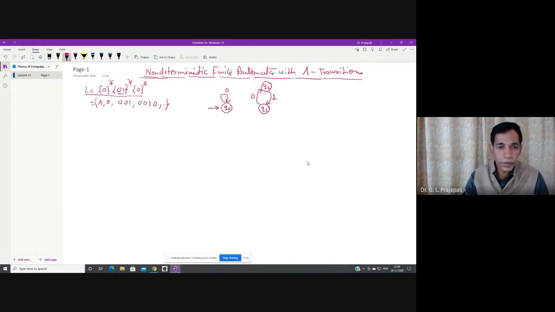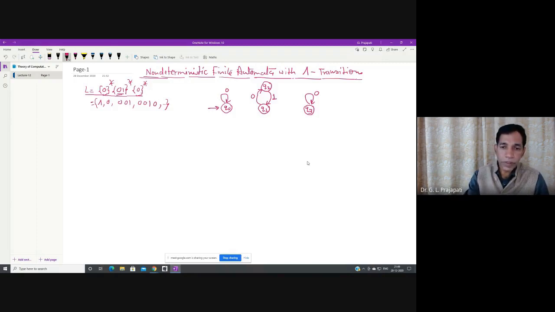Now finally, for the third part, which is the 0 clean star, you can say we have the state Q3. Now see how you can join actually. This corresponds to the first part, 0 clean star. Then this corresponds to the 0101 clean star, and this corresponds to the 0 clean star. So how can you join?